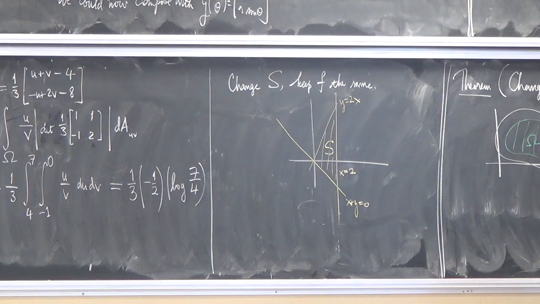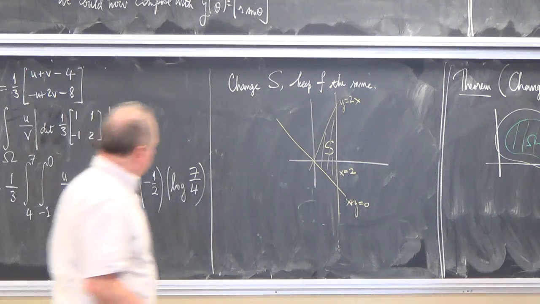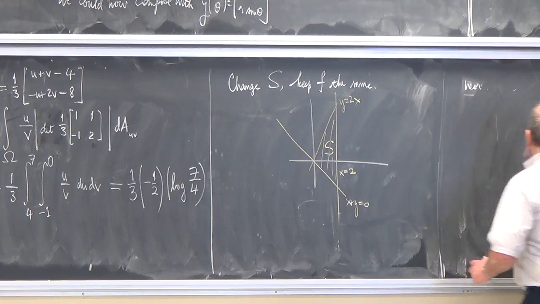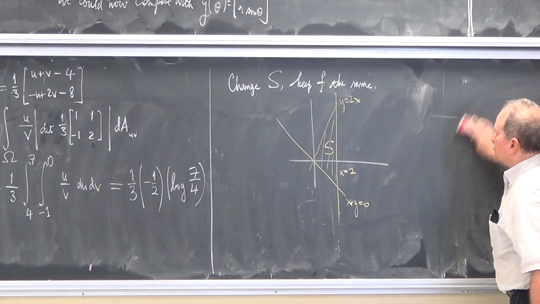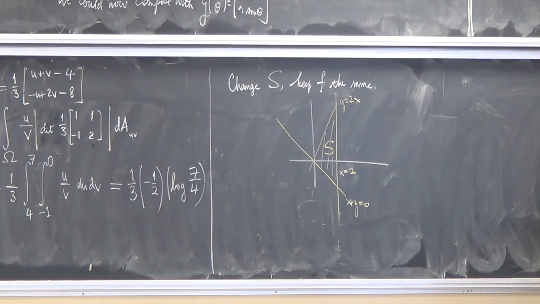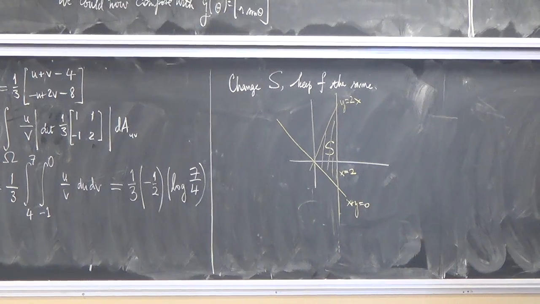And now I give you the same problem. What do we do now? I mean, now it wouldn't be so bad just to do the integral. Do you really want to do iterated integrals with that mess?